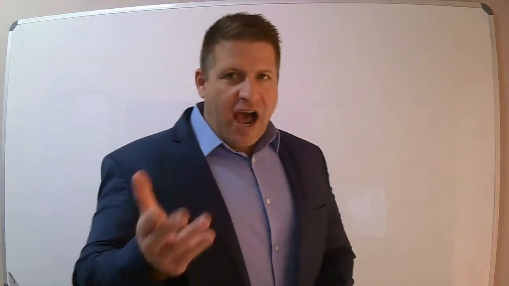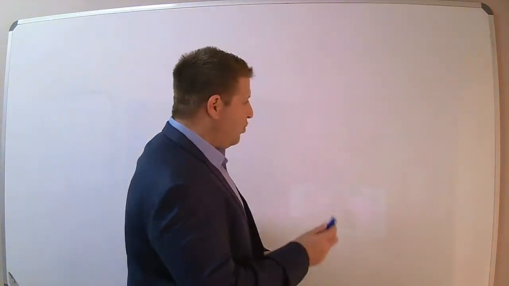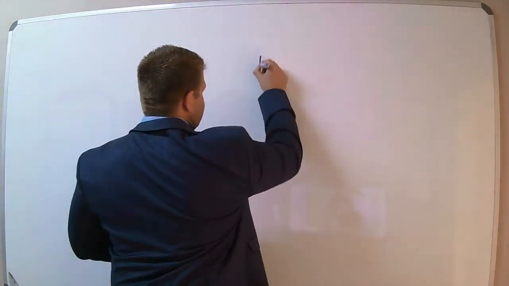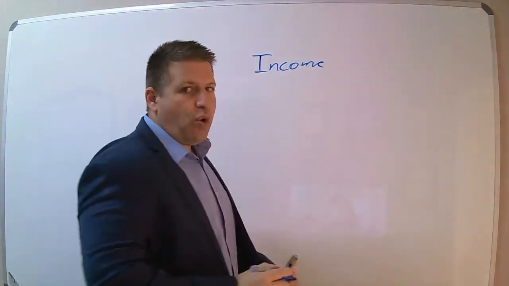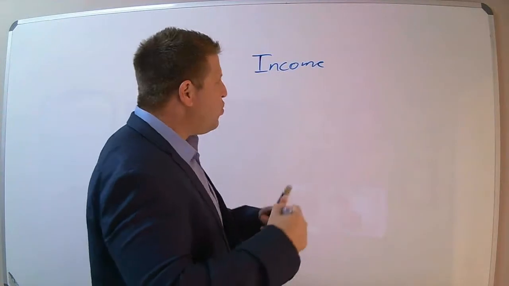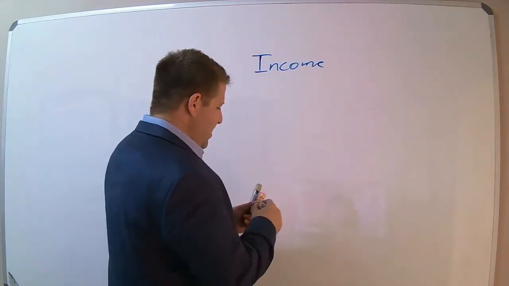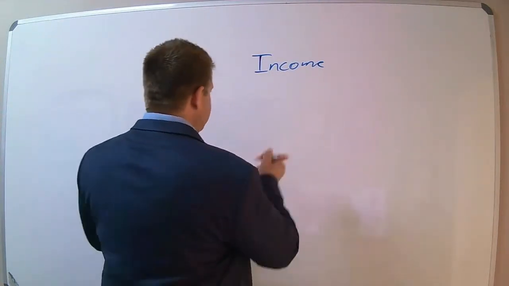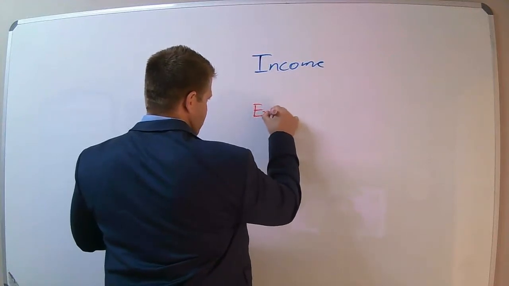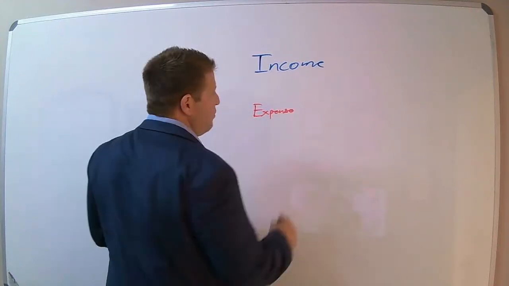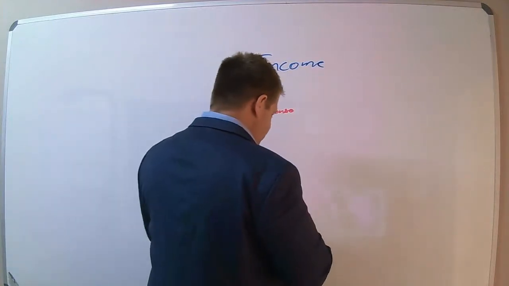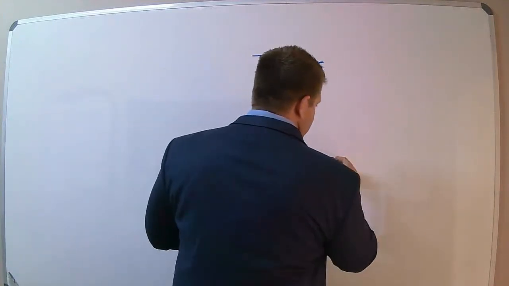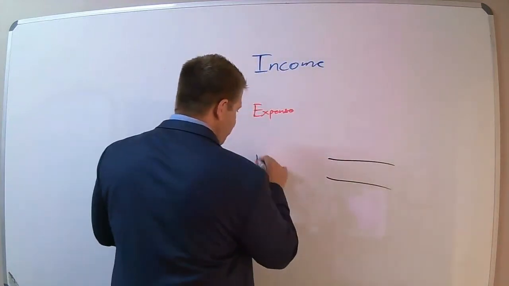So how do you work out tax? First of all, there must be income, right? There must be income. So it's called income tax. And there must be expenses. So you are allowed to take your income, less your expenses, and then you're going to get to a net profit.